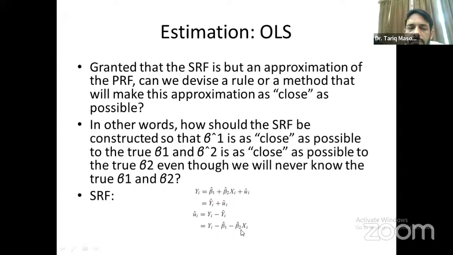Now I am avoiding all these mathematical derivations, but still some mathematical representation is needed. I am trying to avoid these things as much as I can. So ui cap is basically equal to yi minus beta 1 cap minus beta 2 cap xi. Now our purpose is to minimize this residual term as much as we can. So we have to minimize this ui cap.